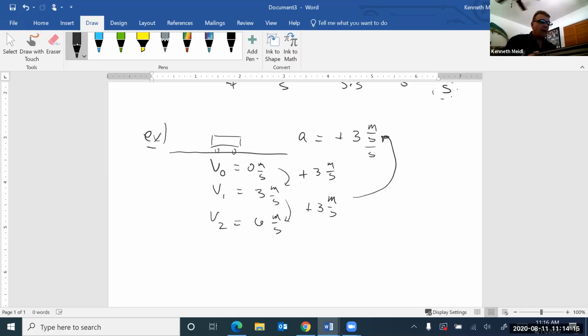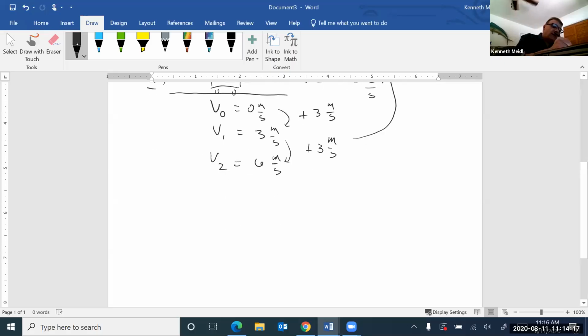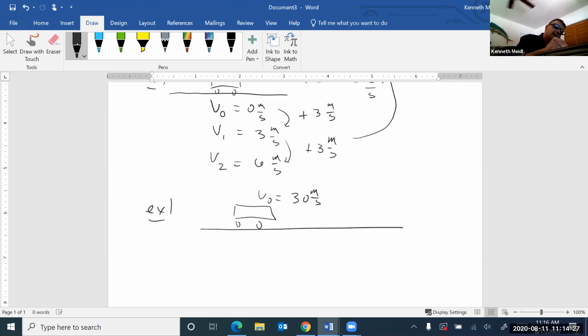But in everyday language, we have this idea of a deceleration as well. Let's say you see this car and it's going 30 meters per second down the road, and the driver sees there's a stop sign up in front, so they're going to step on the brake. So there's a deceleration, and we're going to subtract from your starting speed. Maybe we're going to decelerate at 5 meters per second per second.